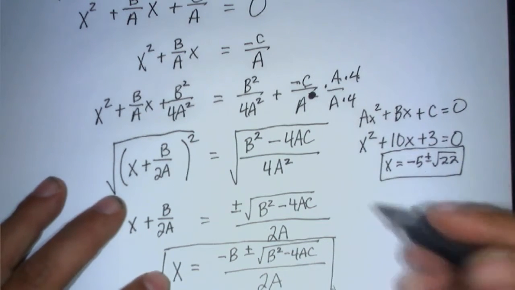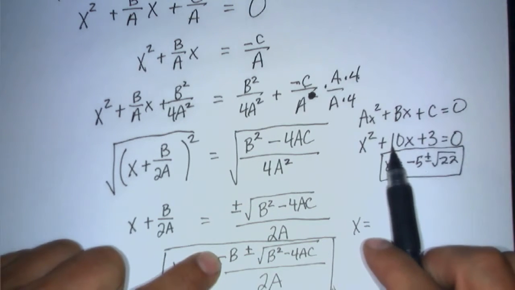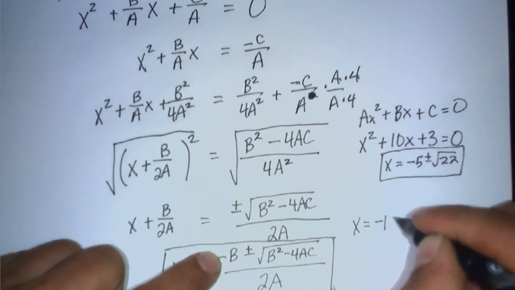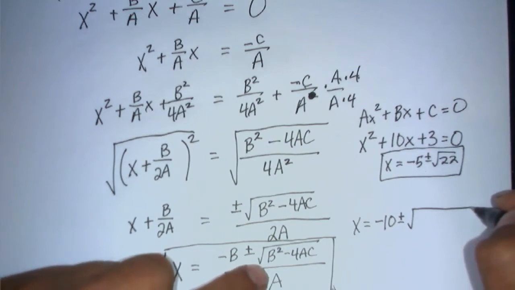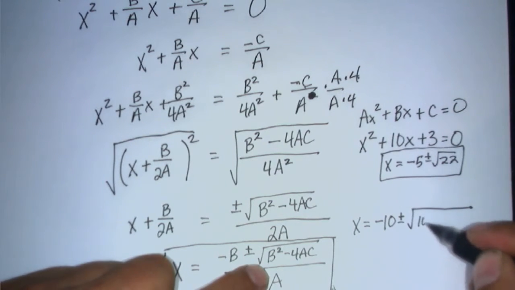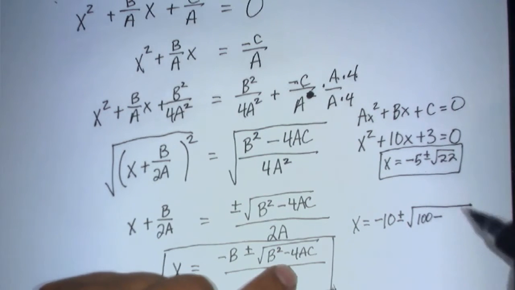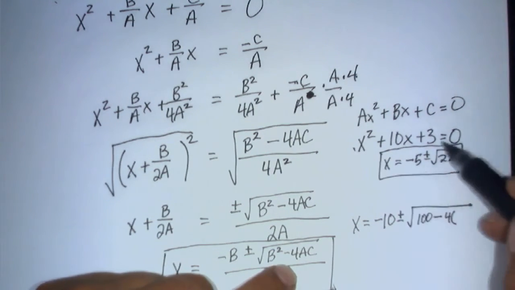Okay, so we say that x is equal to negative b. Well, negative b is negative 10 plus or minus the square root of b squared. b squared is 100 minus 4 times a. a is 1 and c is 3.